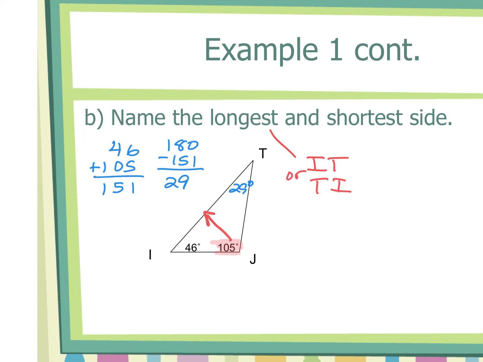Either way, because it's opposite the largest angle, which is angle J. Now I'm going to look for the smallest angle, which is actually the one I just calculated. Angle T is the smallest angle. So the side across from that is going to be IJ. So the shortest side, IJ, or you could call it JI, because it's opposite angle T, which is the smallest angle.